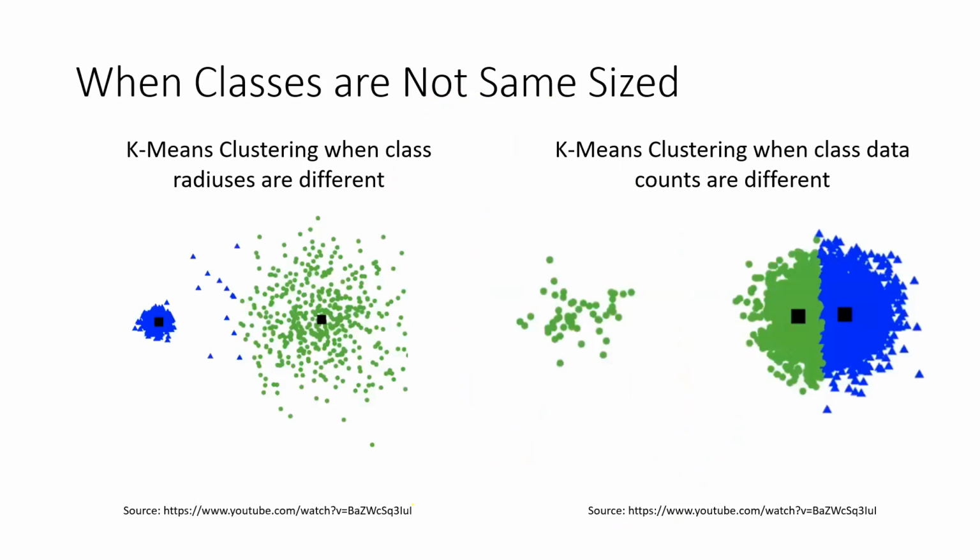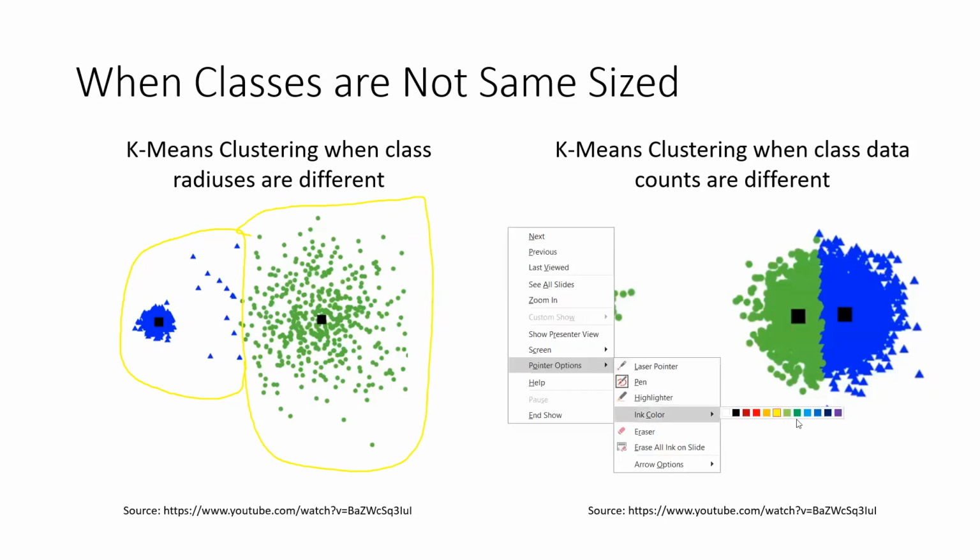And also, the classes should be the same size. Suppose in this case, in the k-means clustering, this is how the clusters are defined. The blue cluster is, when you look by eye, you know this is one cluster, and the remaining data belong to another cluster, right?